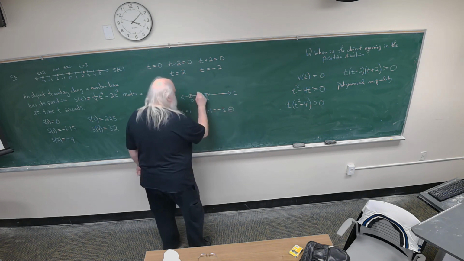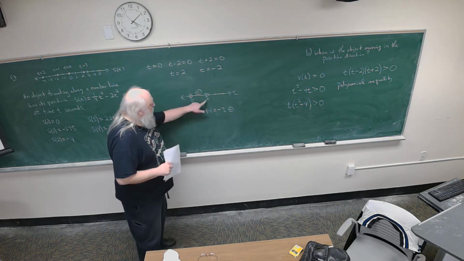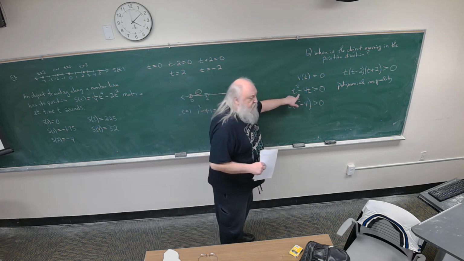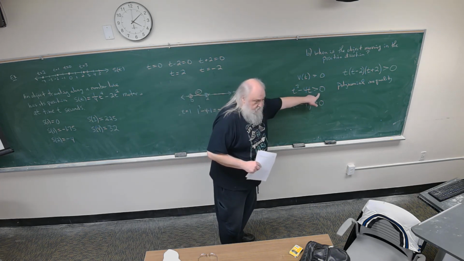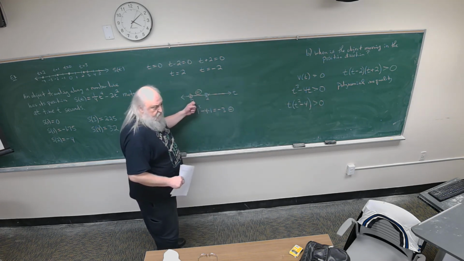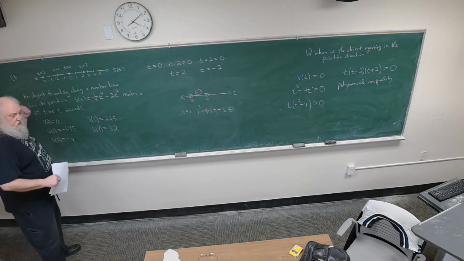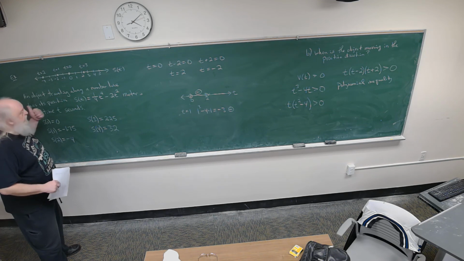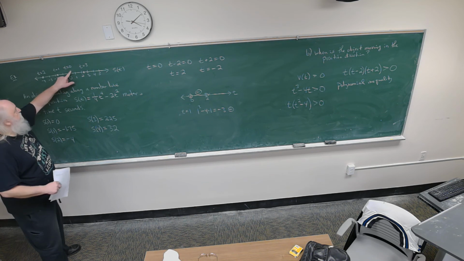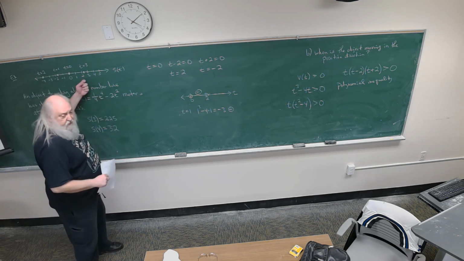That's a negative number. So any number greater than 0, less than 2, put in for t here, makes the left-hand side less than 0, not greater than 0. So the velocity is actually negative from t equals 0 to 2. And that means that the object is moving to the left because the velocity is negative. And we saw that from t equals 0 to t equals 1 to t equals 2, the object moved to the left. Okay? So that goes with what we already knew.